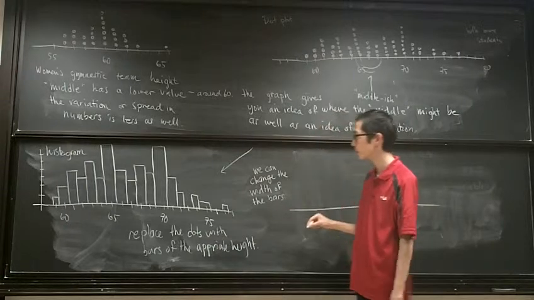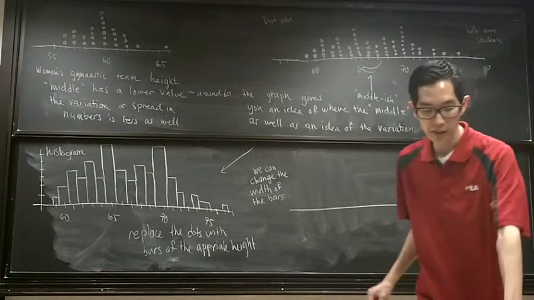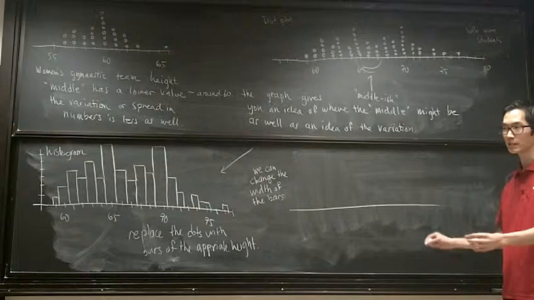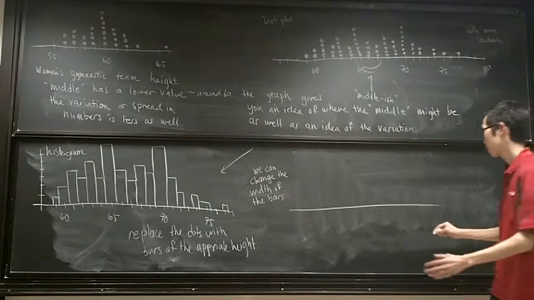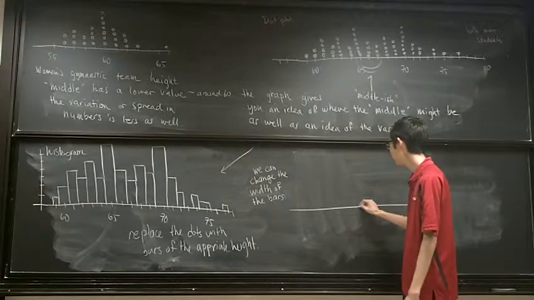This is a histogram, and it's for numeric data. We have different names for the shapes of histograms.